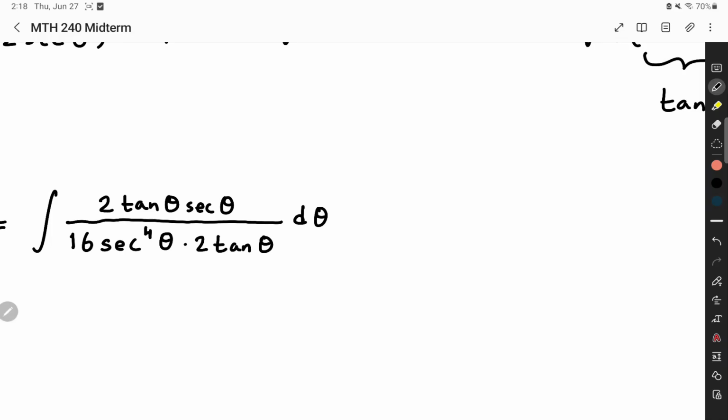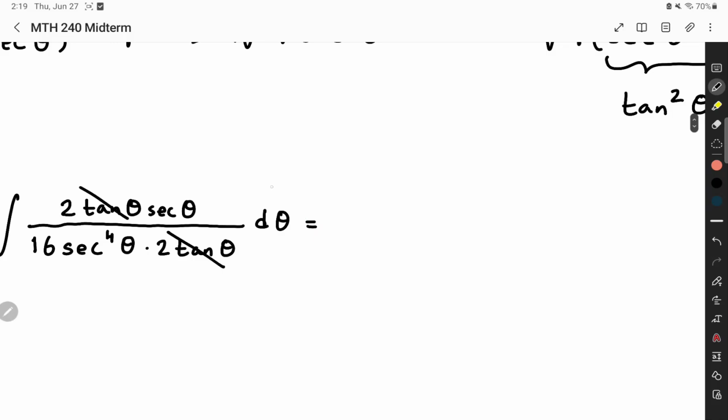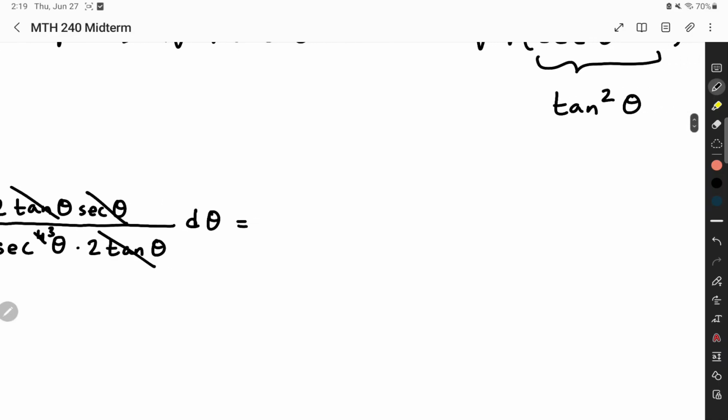Now we're going to have to start canceling out things. You can see that we can cancel out that 2 tan theta and the 2 tan theta. That cancels out. Now we're left with this secant theta, and we're left with this 16 secant to the power of 4 theta. So this we can also cancel out. This leaves us with secant to the power of 3.